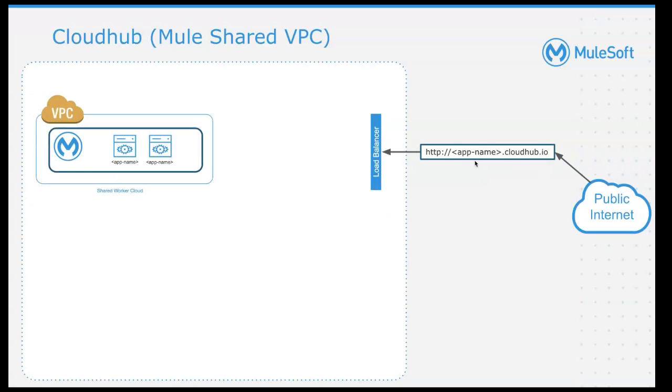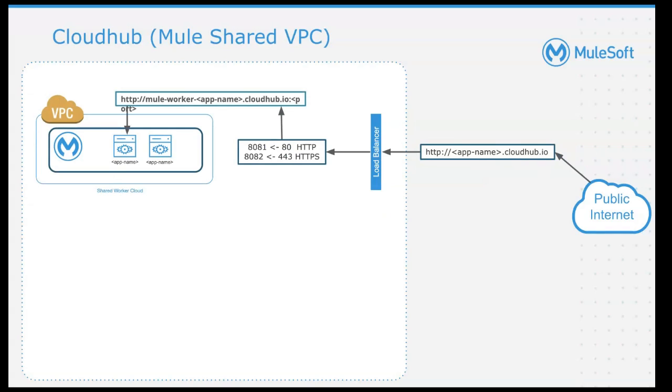Since you're using the shared load balancer in this case, the URL will always have cloudhub.io in it. The CloudHub shared load balancer always listens on ports 8081 and 8082 for HTTP and HTTPS communication. Internally, the shared load balancer sends the traffic to the Mule workers, which eventually reach the actual Mule implementation app.